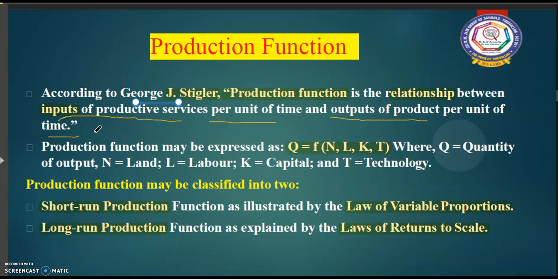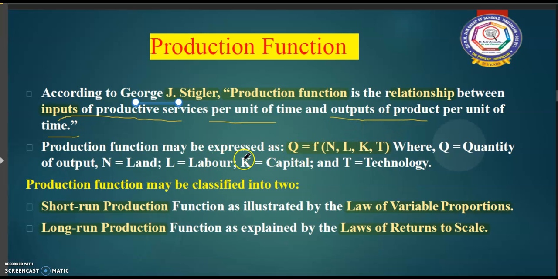For example, if you are running a firm, what are the inputs you are going to utilize in the process of production, and the output which we are going to get after the process. So production function is the relationship between inputs and outputs at a specific time.